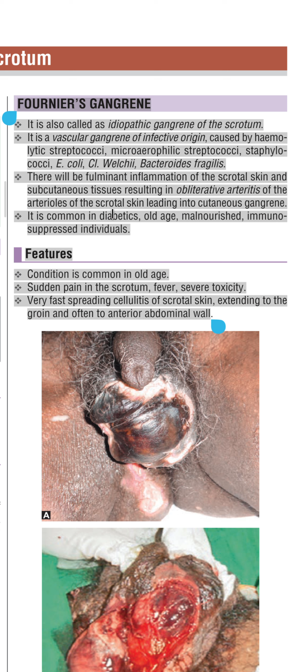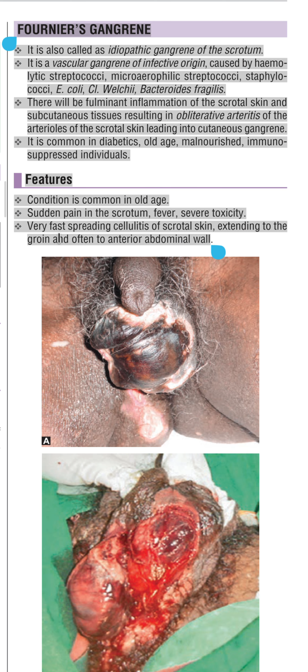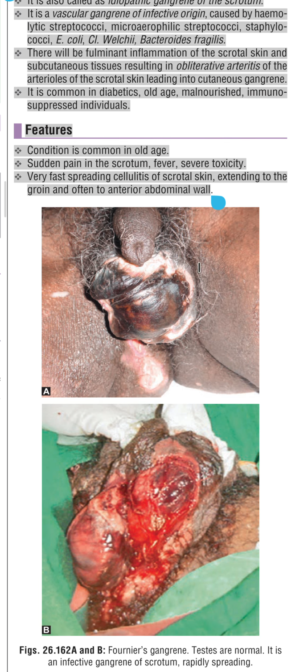It is common in diabetics, old age, malnourished, immunosuppressed individuals. Features: condition is common in old age. Sudden pain in the scrotum, fever, severe toxicity. Very fast spreading cellulitis of scrotal skin, extending to the groin and often to anterior abdominal wall.